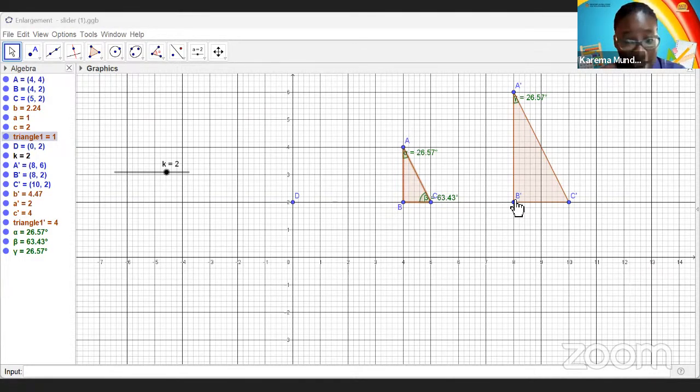Before I ask you what you notice, let's just hold that right there and take a look at BC. What's that length? The length BC. 1 unit, awesome. Okay, fantastic.